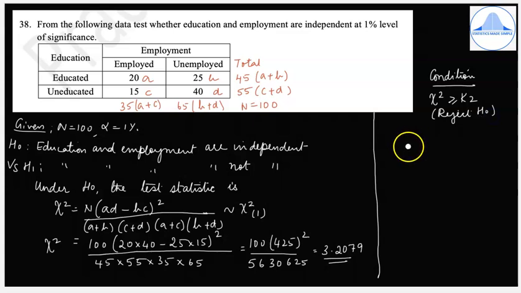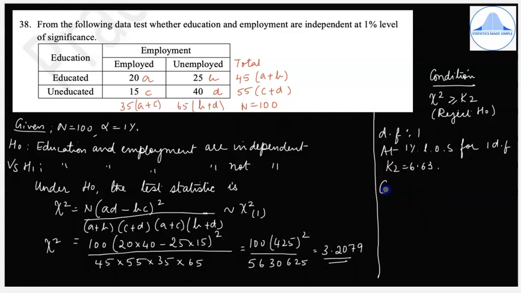Otherwise, you accept H naught. The degrees of freedom is 1. At 1% level of significance, for 1 degree of freedom, K2 is equal to 6.63.